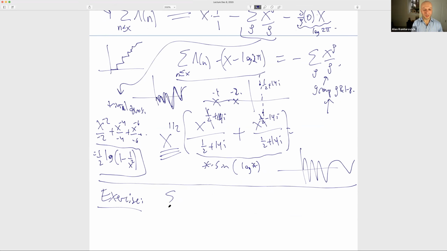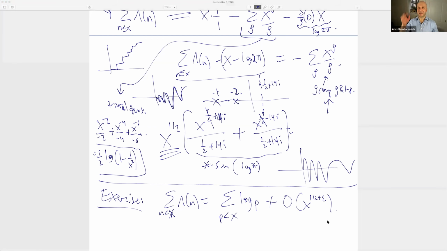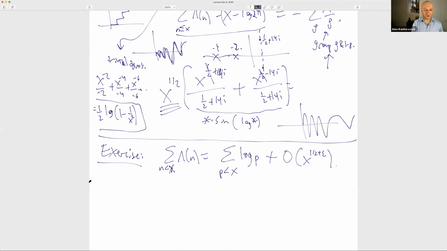So first of all, the sum of the von Mangoldt function is the sum over all the primes up to x, I prefer not to put the equal sign, plus an error of size x to the 1/2, like x to the half log x or something. So in other words, the prime powers contribute almost nothing to the sum, asymptotically. They're a rounding error. And another exercise, so this is exercise 1.